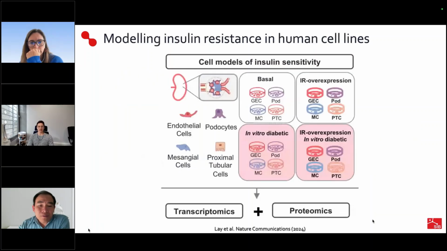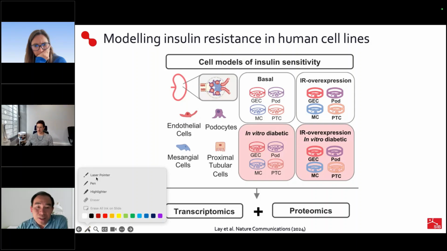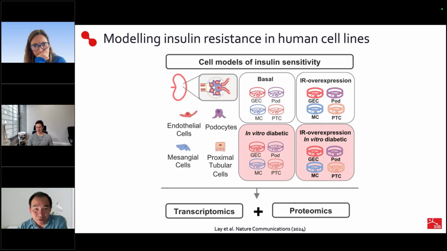So here we have transcriptomics and proteomics in 4 cell types. Here we have the kidney, and 4 cell types: glomerular endothelial cells in red, podocytes, mesangial cells, and proximal tubular cells.